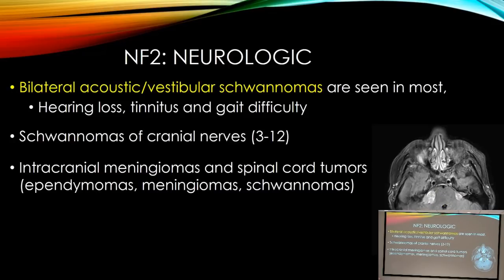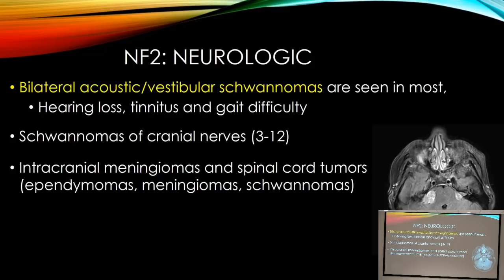These usually start out involving the auditory nerve, so hearing loss would be common, and tinnitus, ringing in the ear, and then the vestibular nerve is involved as well. So there's some dizziness and balance problems, just like you'd expect with an acoustic schwannoma, but in this case it's bilateral.